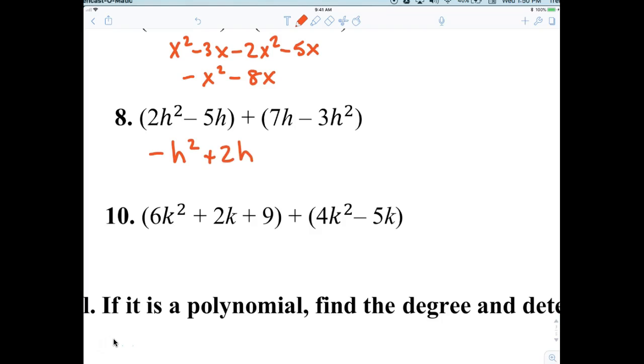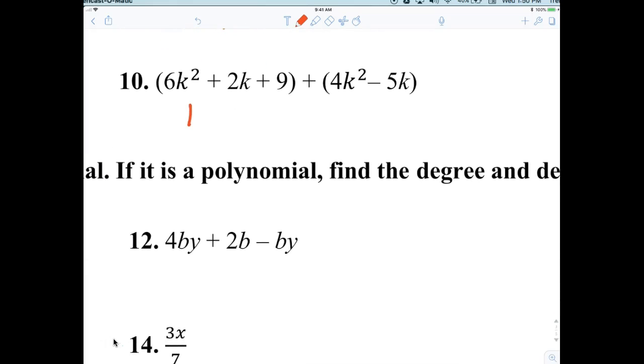I told you, it's very easy. Now we're at what? 10k squared minus 3k plus 9. Anybody have any issues with that?